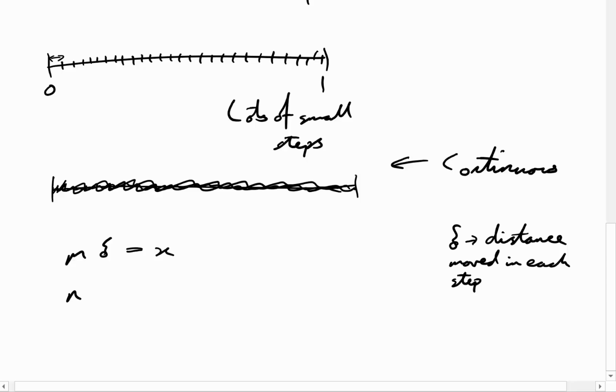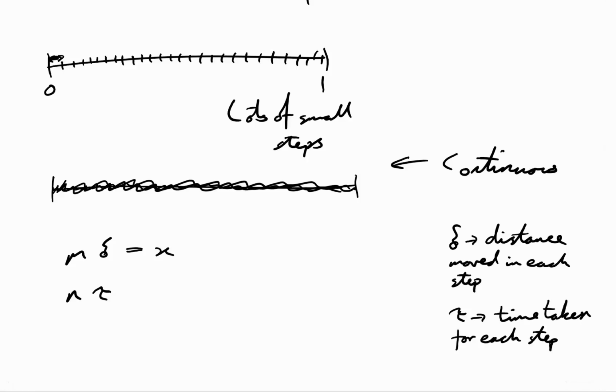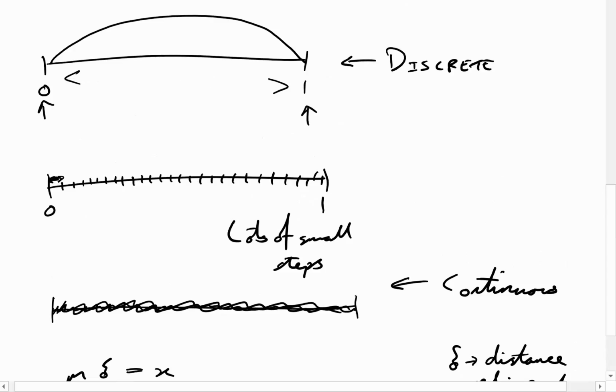If we multiply it by tau, the time taken to move that tiny little distance for each step, that becomes capital T.